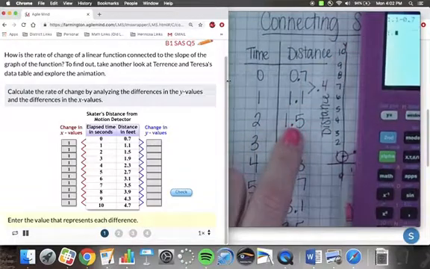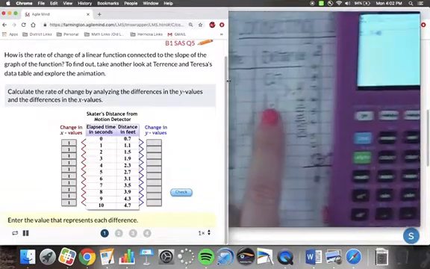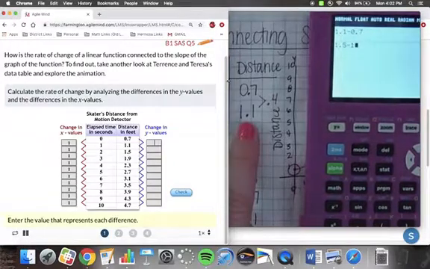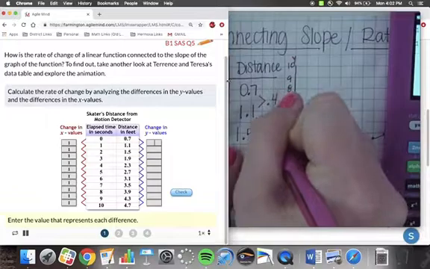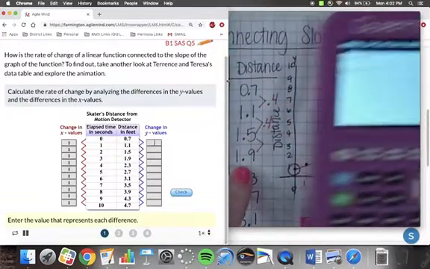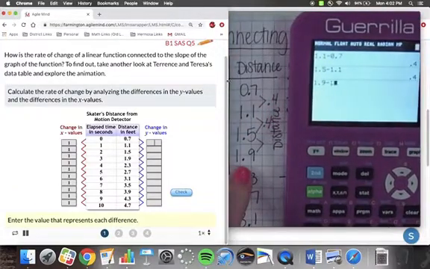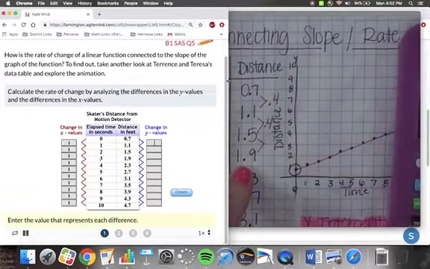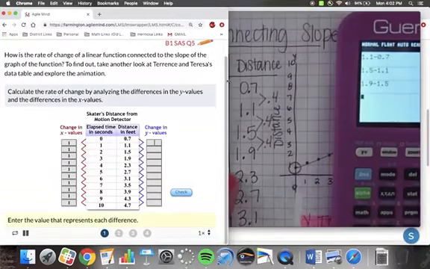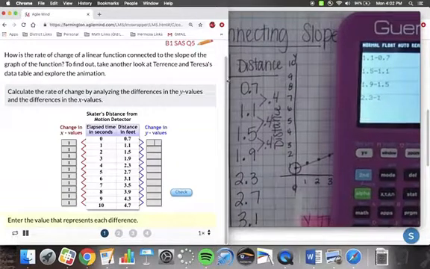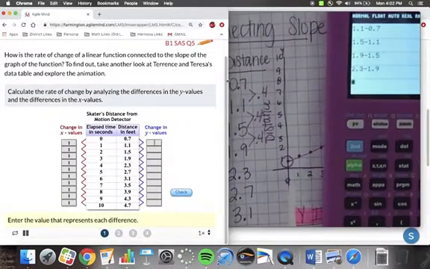Then I'm going to do 1.5 minus 1.1, and that's also 0.4. 1.9 minus 1.5, 0.4. And I'm going to keep doing that. 2.3 minus 1.9 is 0.4.